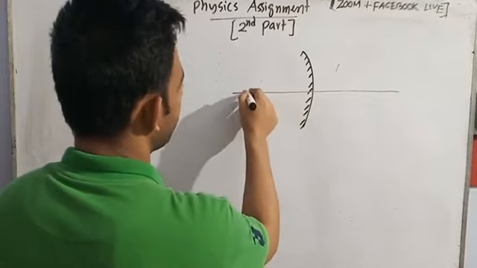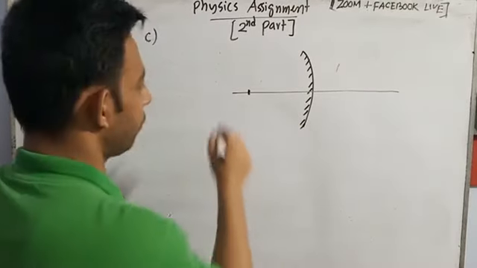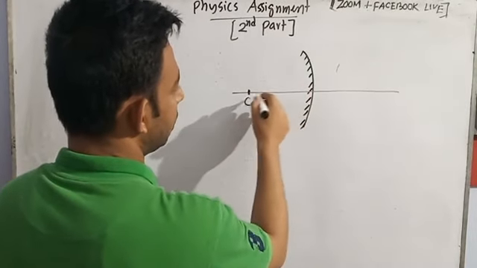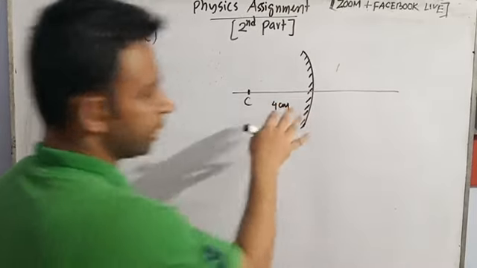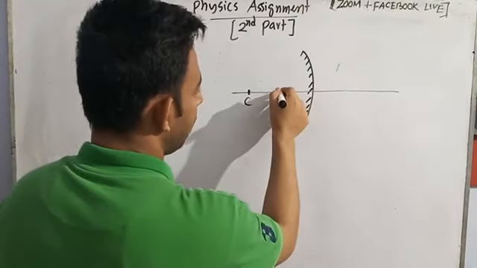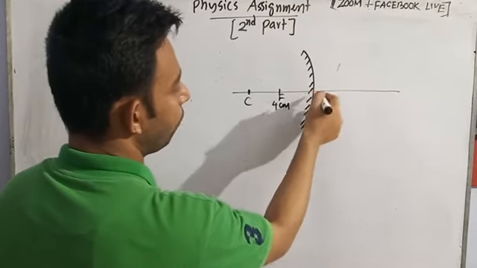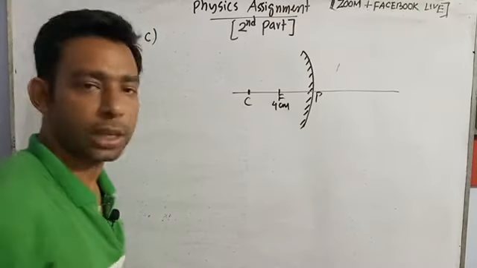We already know from the very first part, this is the center of curvature. The center of curvature can be written as C or O. That was given as 4 centimeter. From the pole to the center of curvature, if we draw the circle, that will be 4 centimeter.